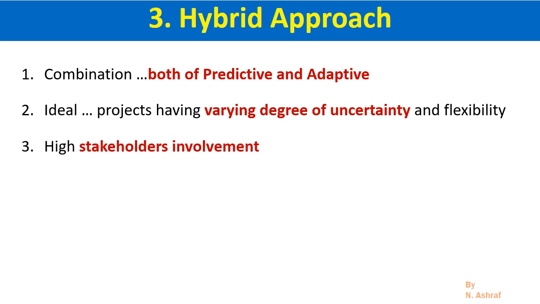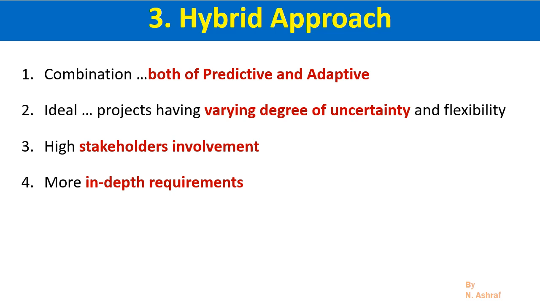In this approach, high level of stakeholders are involved and more in-depth requirements are done to complete the projects. Basically, we can say these projects are somewhat complicated and complex projects.